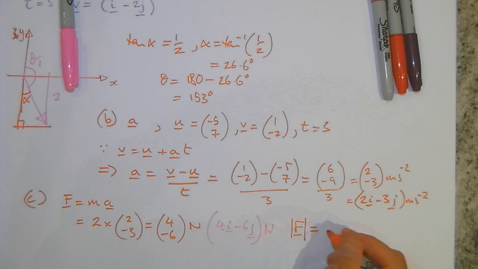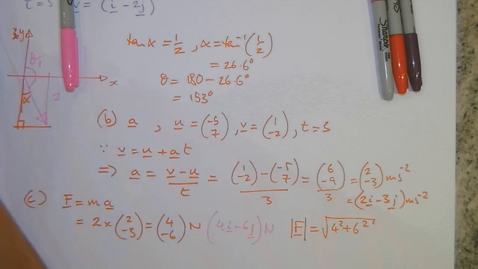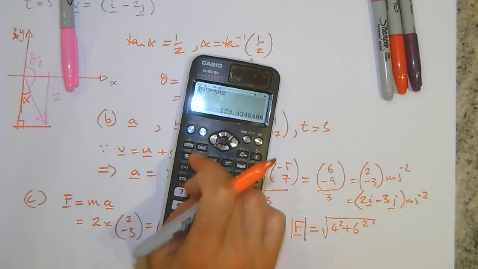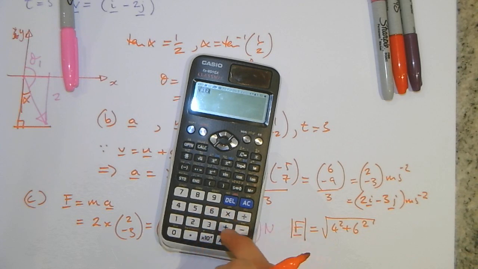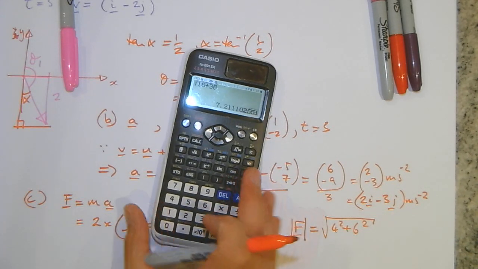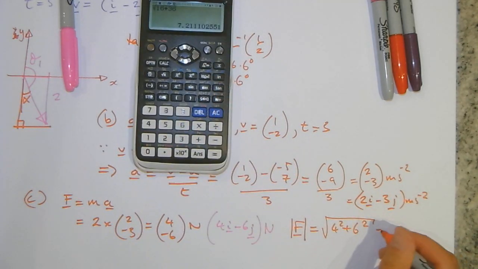The size of the force is the square root of 4 squared and 6 squared, which is the square root of 16 and 36, 2 root 13, 7.2 newtons.